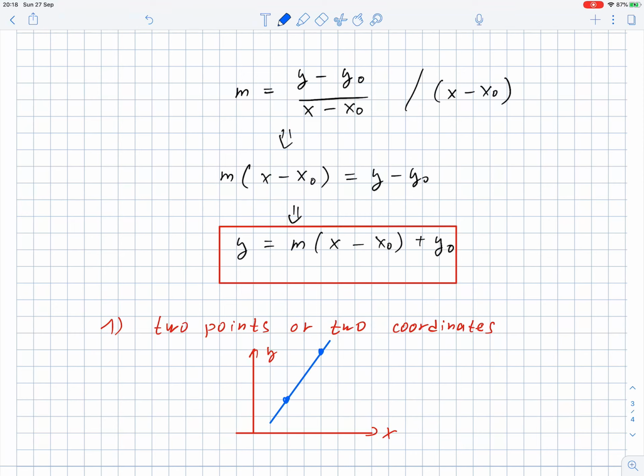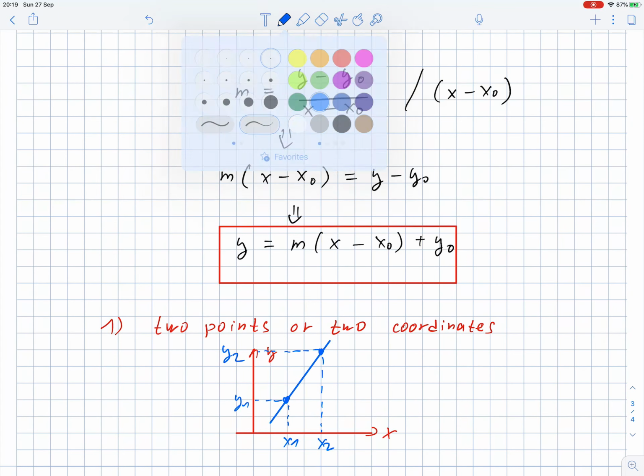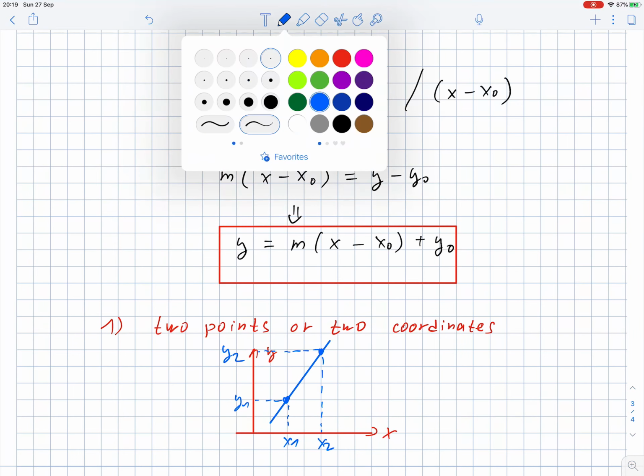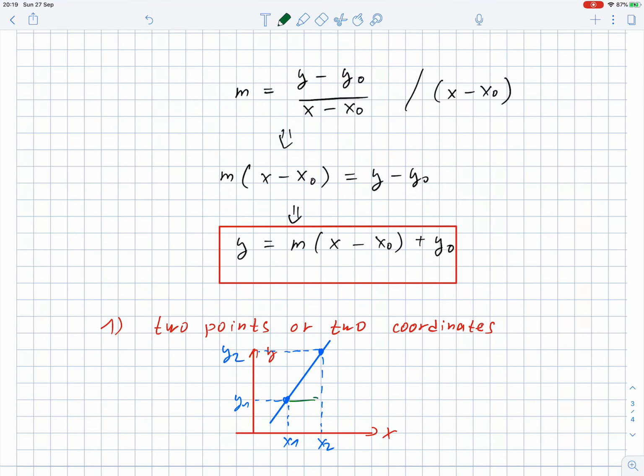Now if we know this x1, y1, and this second coordinate x2 that brings us to y2, of course now you can calculate the slope, because you can calculate delta x and delta y.